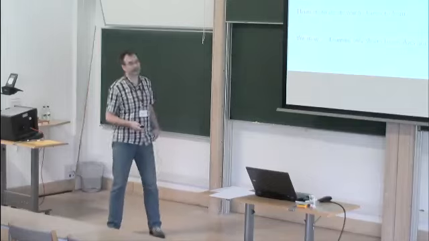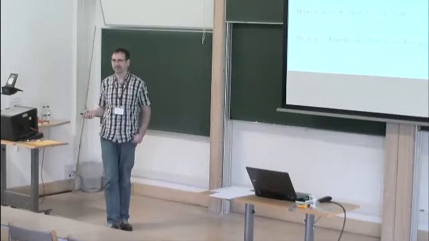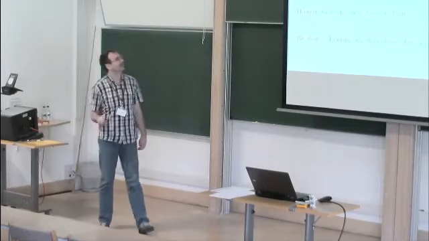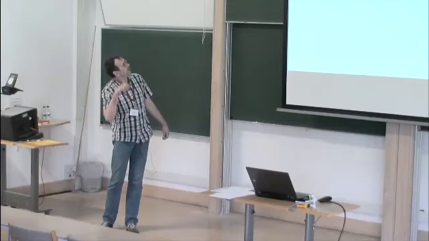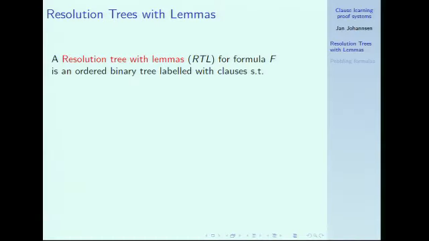And such a proof system has been defined, in fact, several of those, and one of them is this one, which I call resolution trees with lemmas, or RTL for short. So a resolution tree with lemmas for a formula F is an ordered binary tree, so we need to be able to distinguish left and right children of a node, with the following properties.